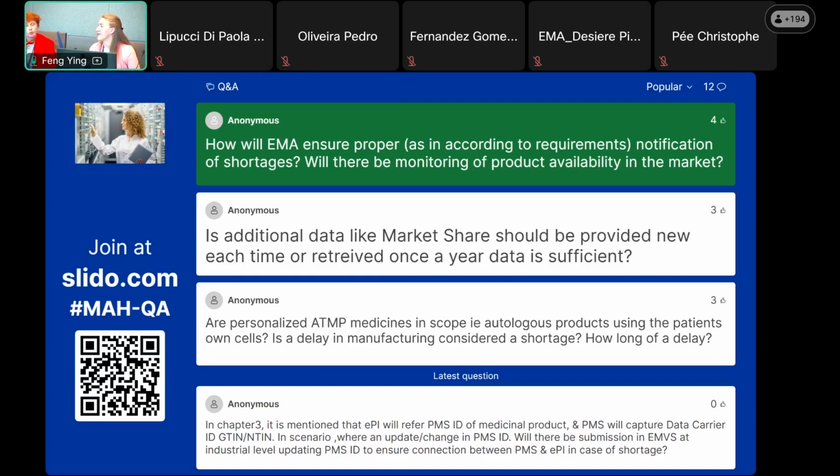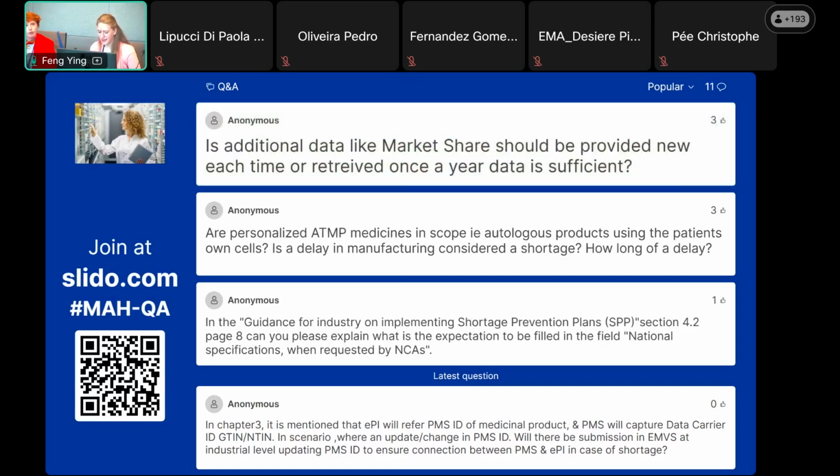However, we are really depending on notification from you as the MAH, as you have the most information available. And we really depend on you to work together with us to collaborate on the mitigation or prevention of shortages happening. So thank you to all complying with that as well.